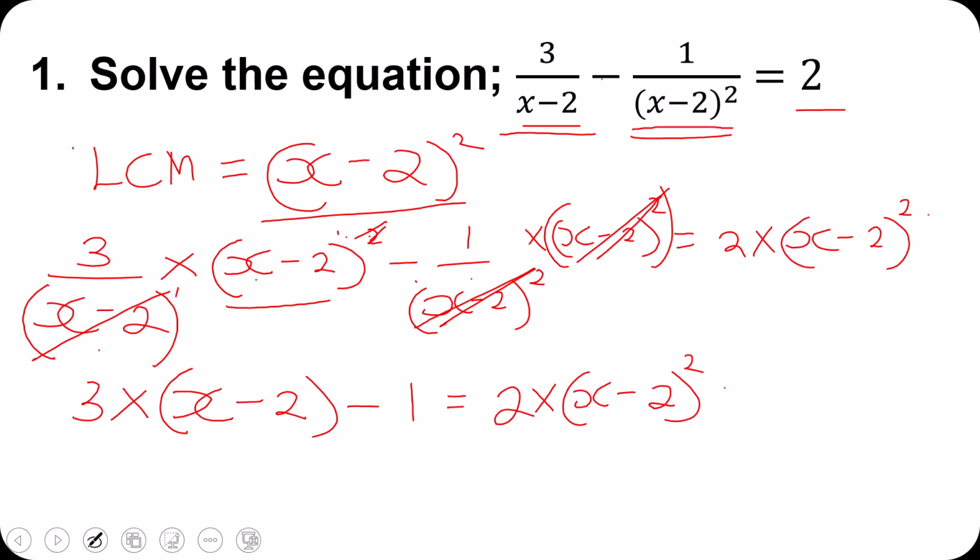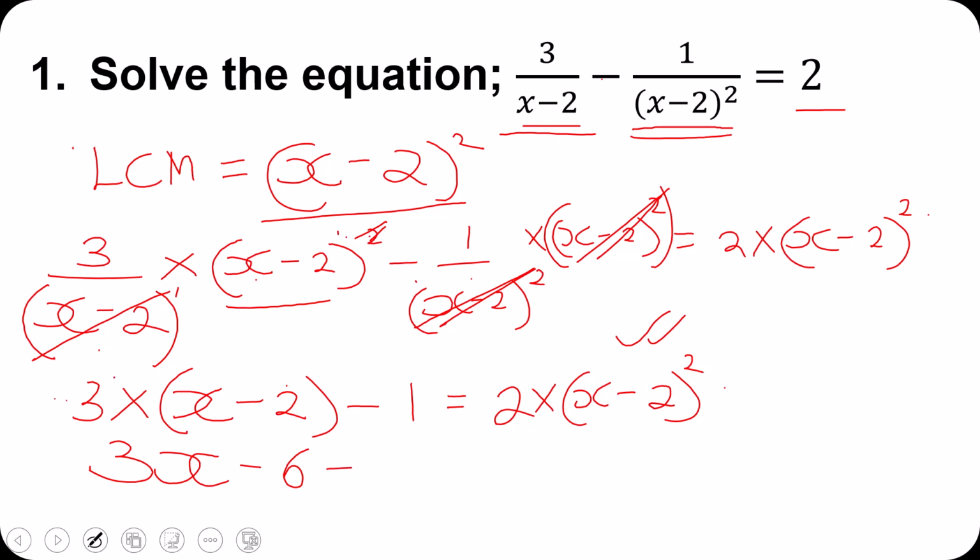So at this point, we are required to expand this and then come up with a final linear equation by collecting like terms. So when we start with 3 times x, we shall get 3x, and then 3 times negative 2, we shall get minus 6.